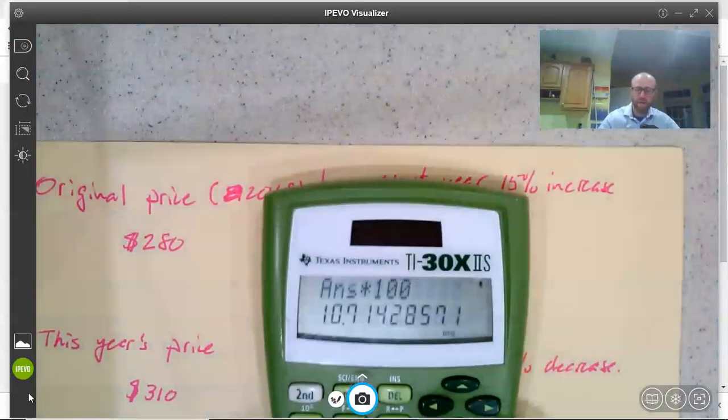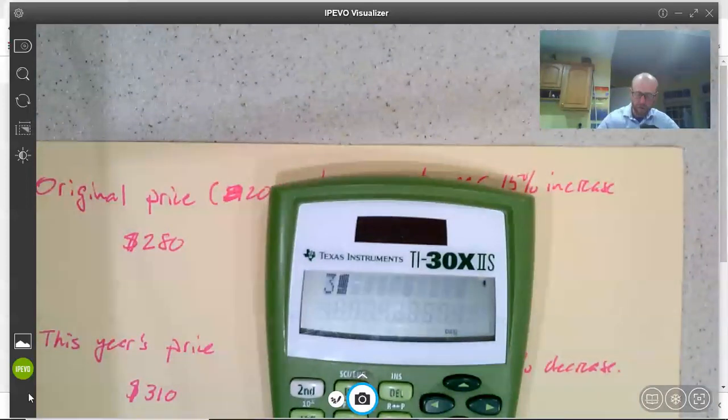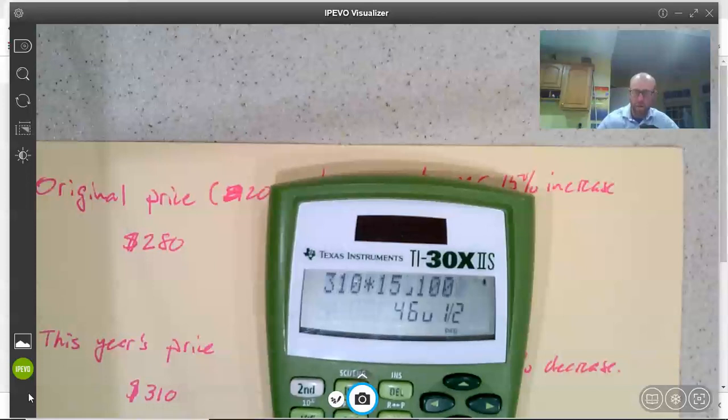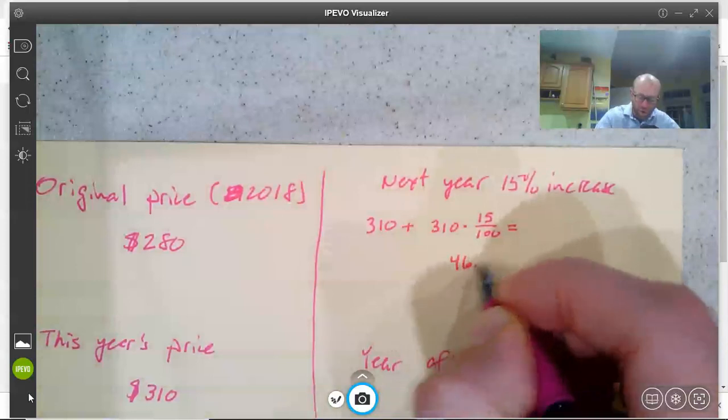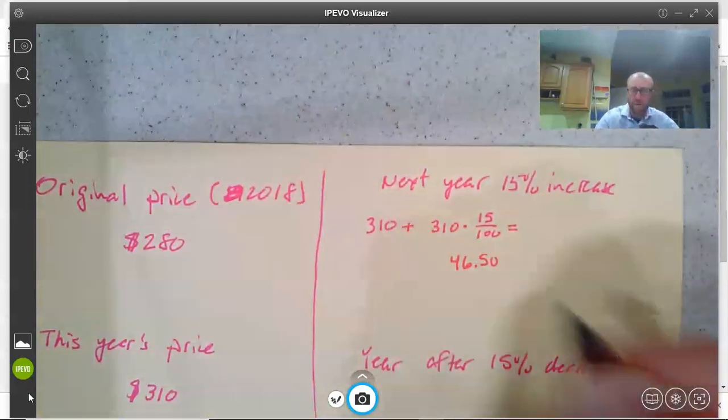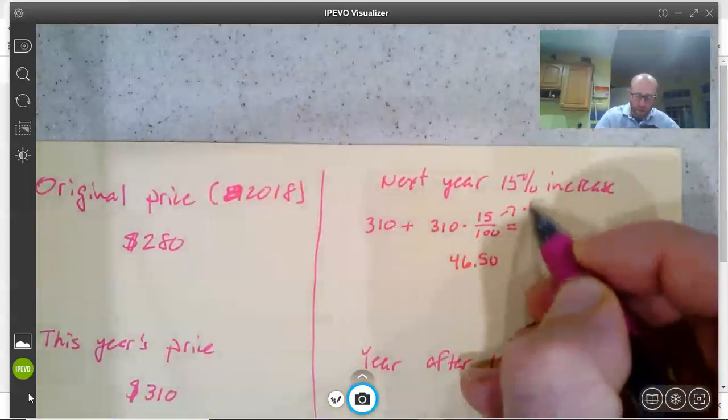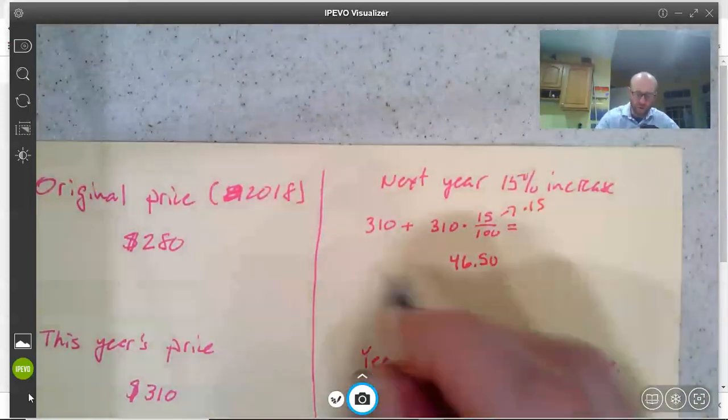So we're taking the original 310 and we're adding on an additional 15% of 310. So let's see what that works out to. First of all, 15 over 100 times 310. That's 46.5. So this part is $46.50. And by the way, we could represent this as 0.15 as well.